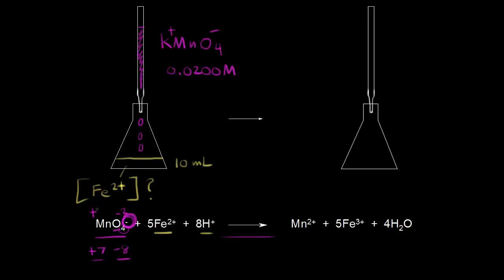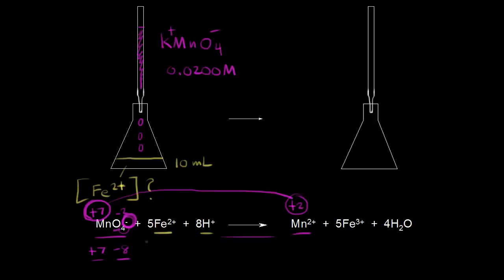Over here for our products, we're going to make Mn2+, so manganese 2+ cation in solution, so the oxidation state is +2. So manganese is going from +7 to +2. That's a decrease or a reduction in the oxidation state. Therefore, manganese is being reduced in our redox reaction.